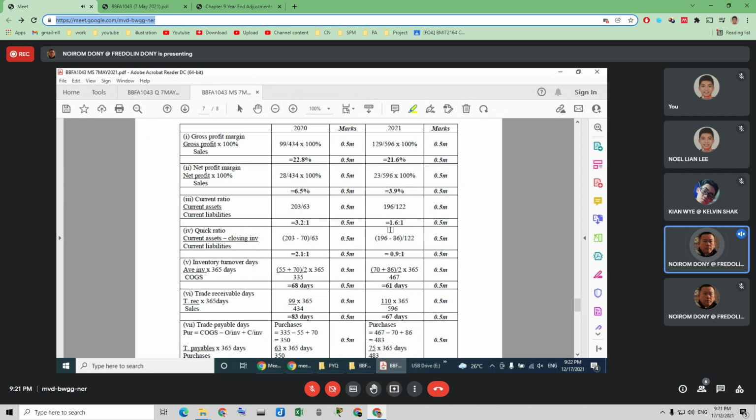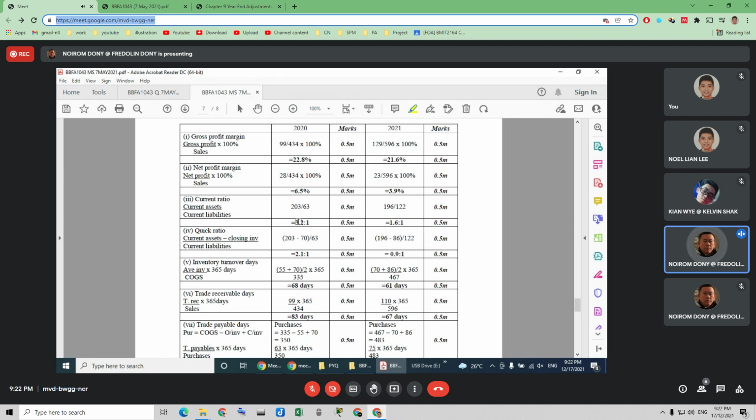And in 2021, they have 1.6 to 1. Meaning, look at the asset here, 3.2, but now is 1.6. So meaning a decrease in asset, isn't it?